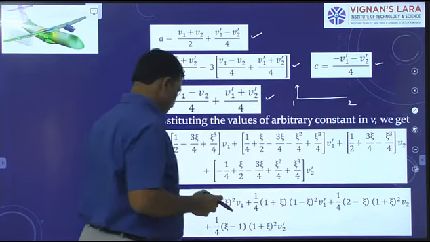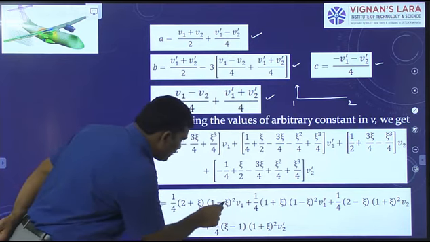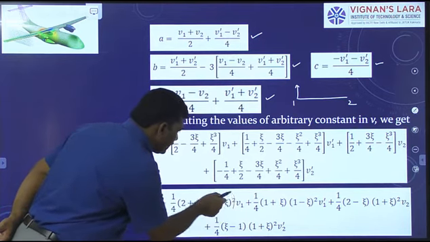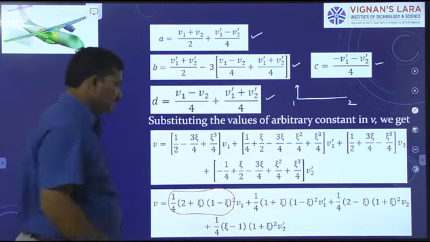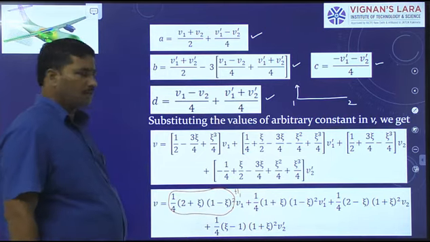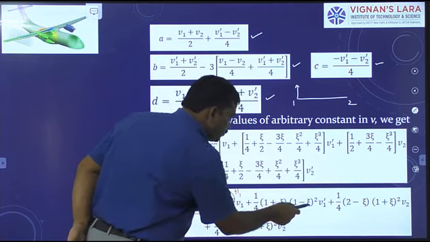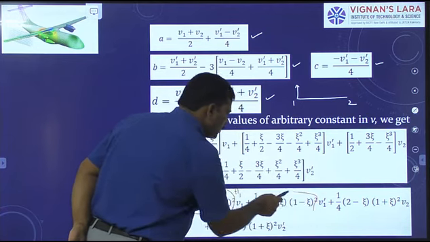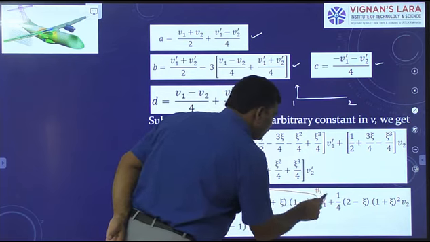I explain. Now, 1 by 4 into 2 plus j into 1 minus j whole square. This is the first Hermite shape function, H1. Understand? Next, 1 by 4 into 1 plus j into 1 minus j whole square. This is the shape function H2.